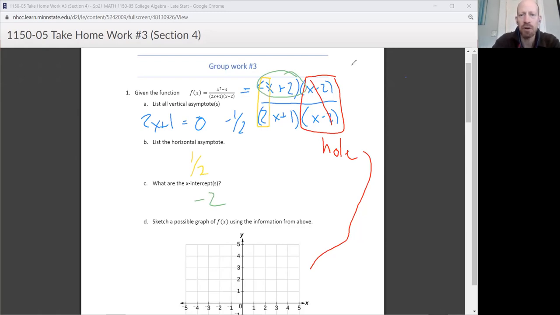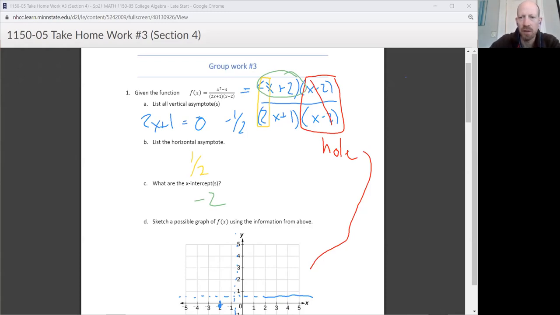And now we can put all of that together into our graph. I have a horizontal asymptote there at 1/2. I have a vertical asymptote at minus 1/2. I have an x-intercept at minus 2, which is right there.